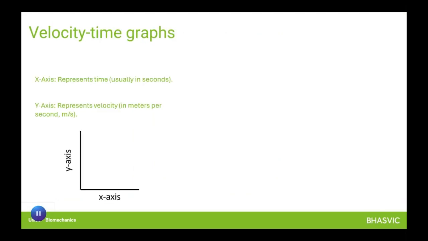Velocity time graphs are like distance time graphs, but instead of the y-axis representing distance, it represents velocity. The x-axis remains representing time in seconds. A horizontal line at a certain value shows constant velocity. The object is moving at a steady pace in a certain direction.